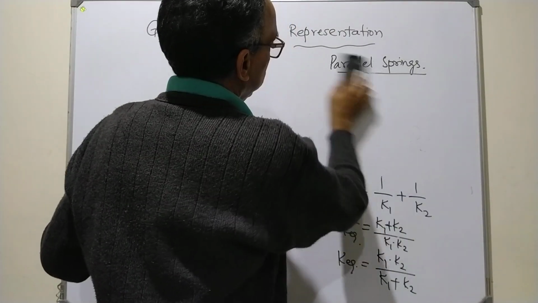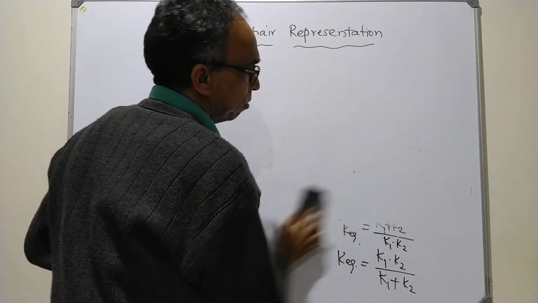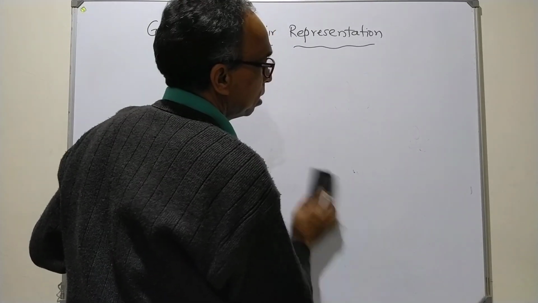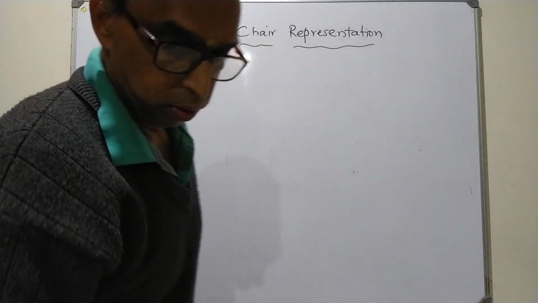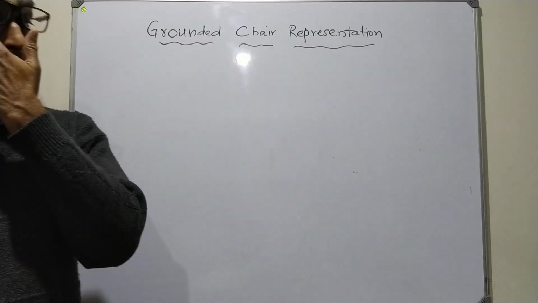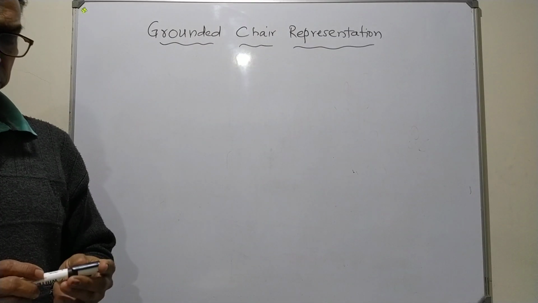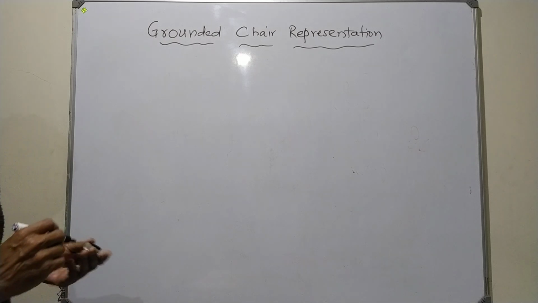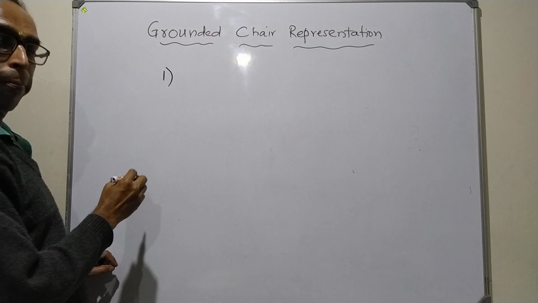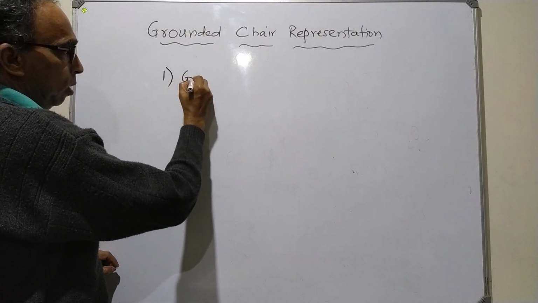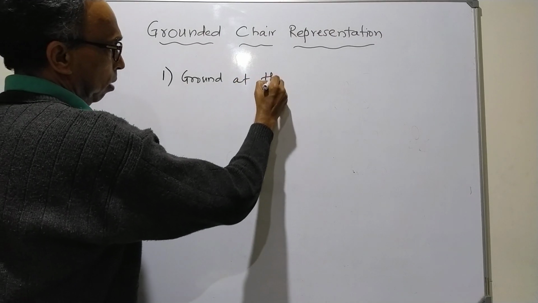Now in grounded chair representation, we call these stiffnesses and damping coefficients mechanical impedances. Before we get into grounded chair representation, there are some rules we have to follow. What is the first rule? Ground at the bottom.